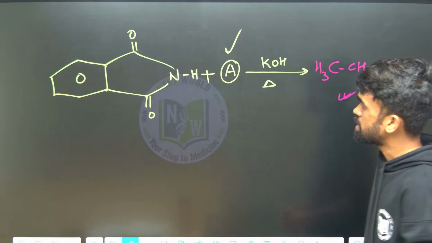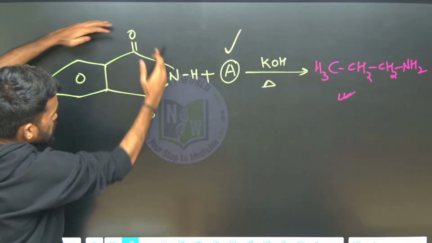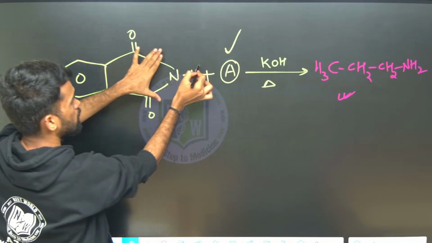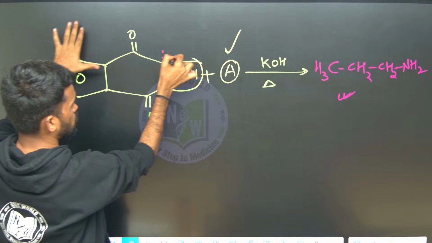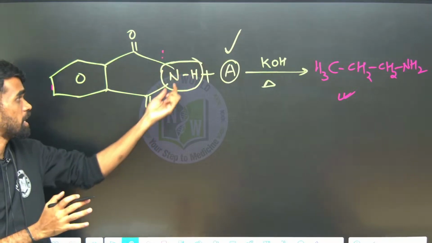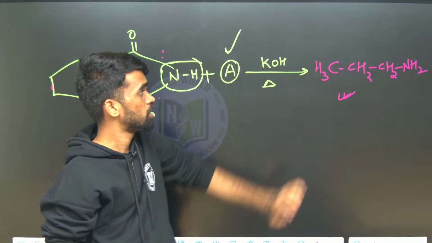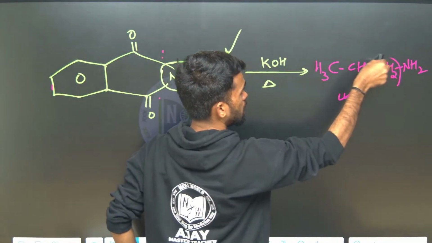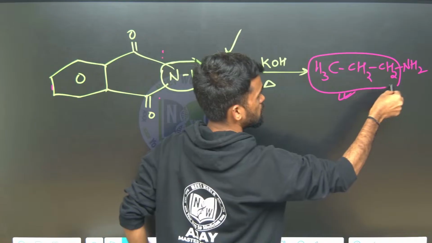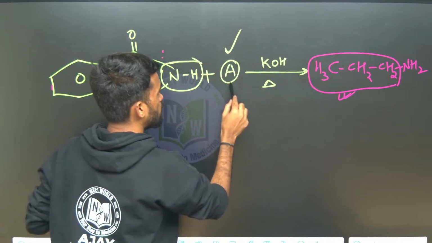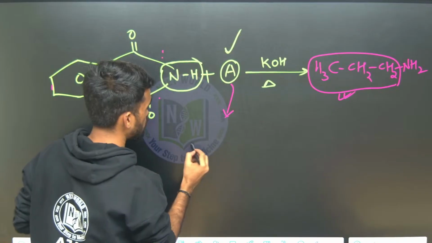Very easy now. I told you from this big molecule, we are not going to take all of it. We require only this part of the molecule, only N is required from here. But I want to prepare this complete thing, so I want this much group from this A. So our A can be propyl.